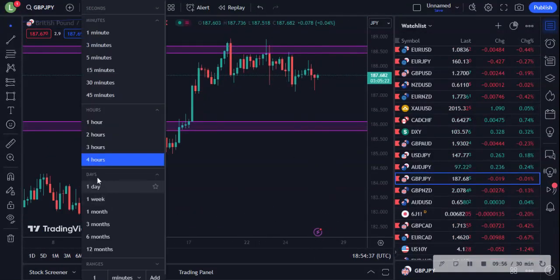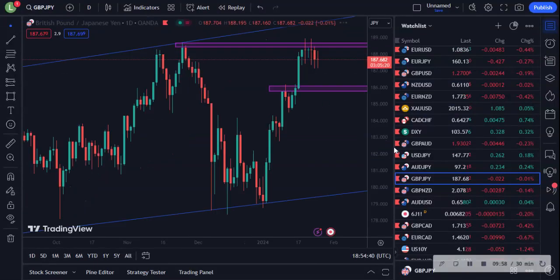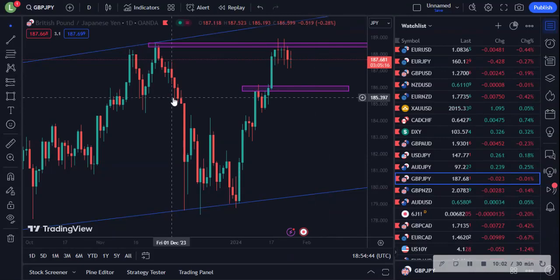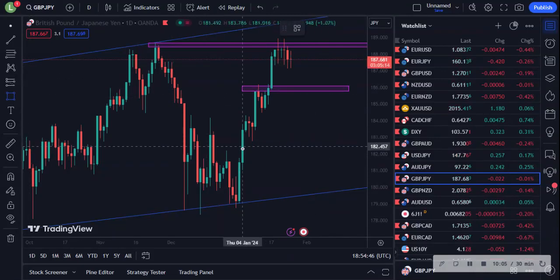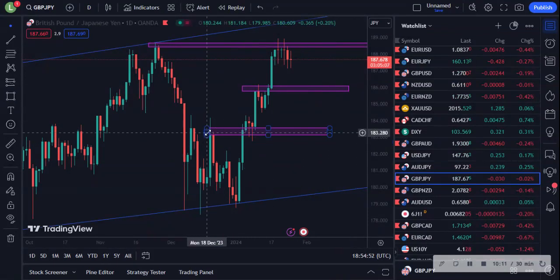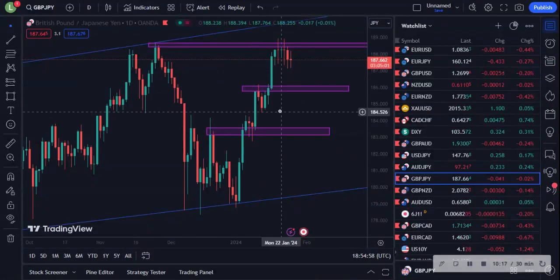The difference is with GJ, if you go back to the daily, we haven't actually retested the levels properly. We did here. You can see we broke this level, retested it perfectly, broke this level, boom, retested it perfectly here. Two nice little candles, bang. But here we didn't.